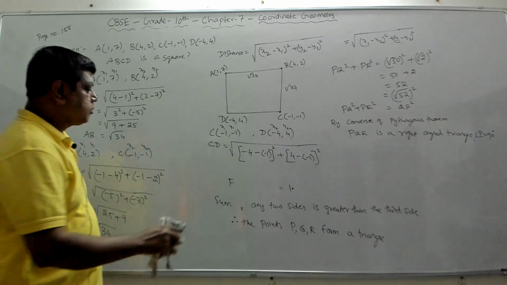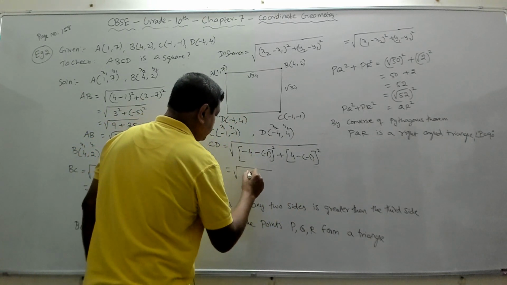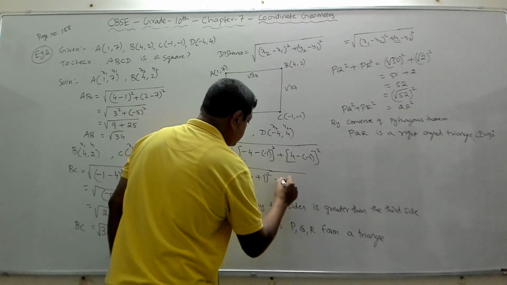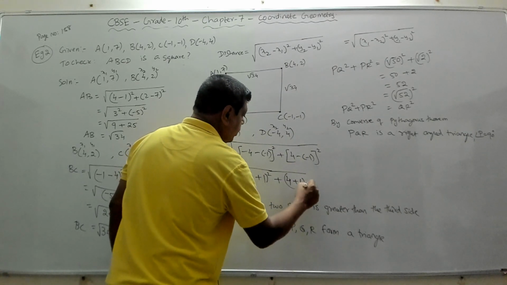So that becomes square root of (minus 4 plus 1) squared plus (4 plus 1) squared.